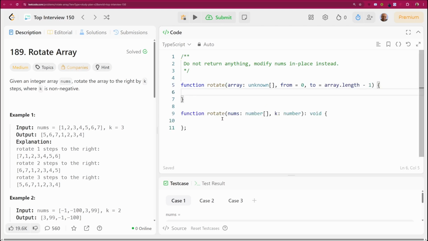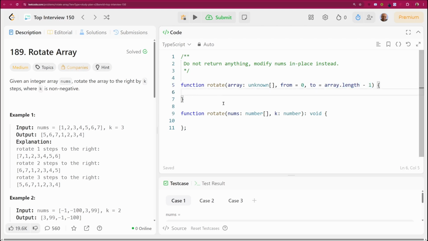So we're going to rotate the entire array if you skip these parameters, that means we will rotate from element index 0 to the last element.